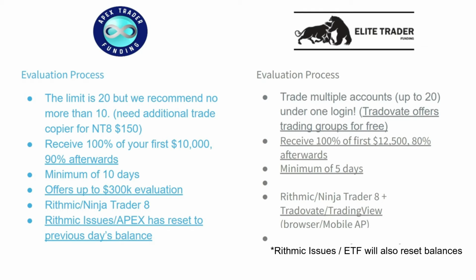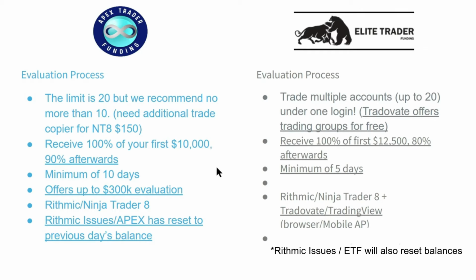However, this is one of the things that's different. After you surpass the $12,500, Elite Trader Funding will give you 80% of your profit, whereas Apex Trader Funding is 90%. So you're actually losing 10% moving forward after you reach that first $12,500 or the $10,000.